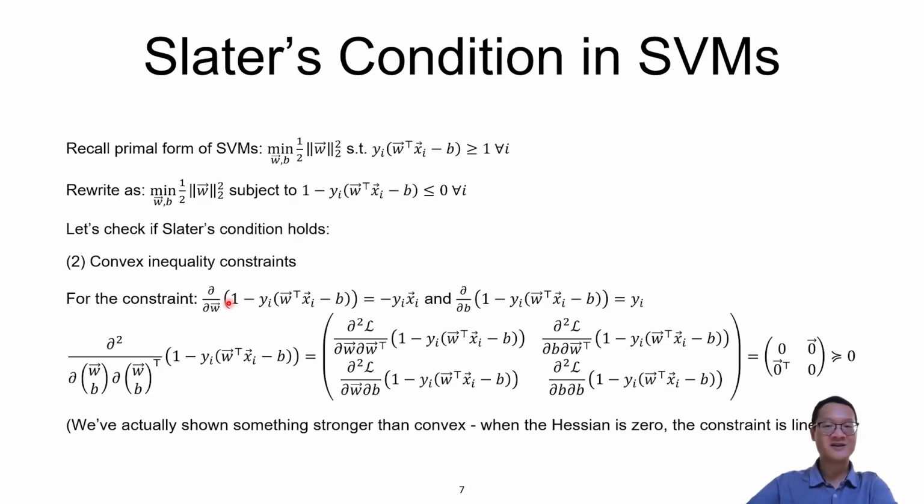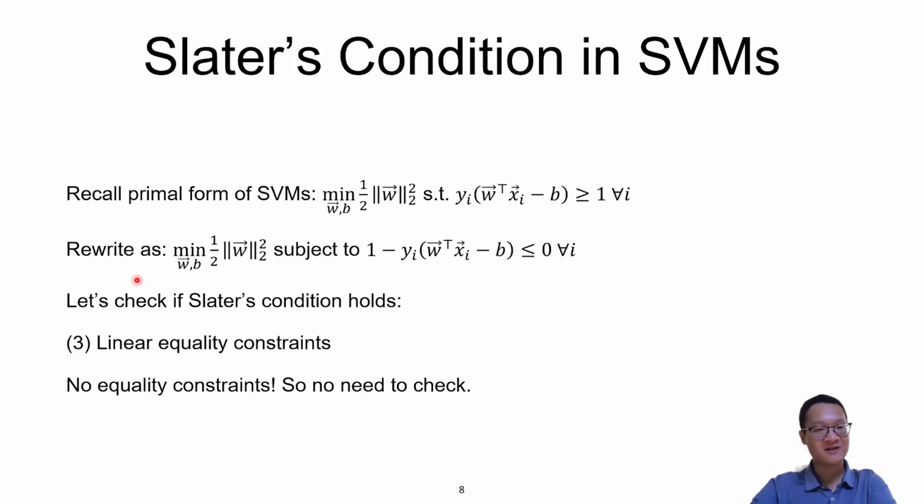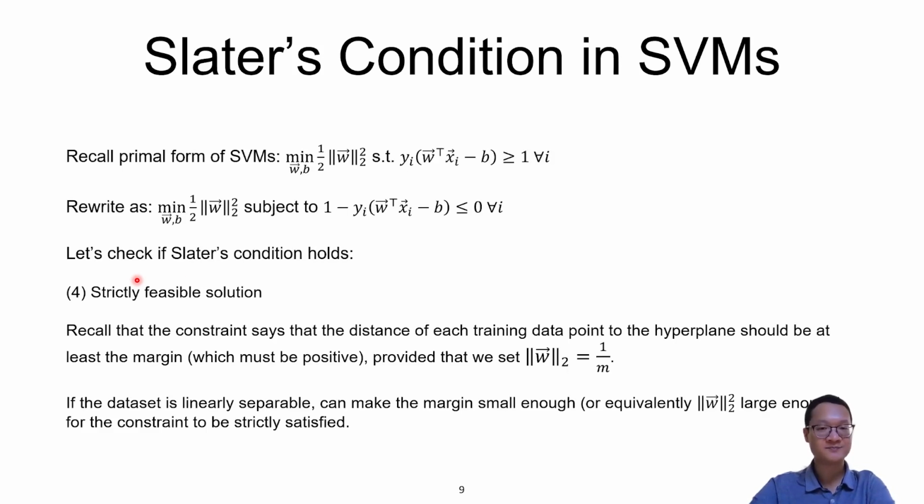So our constraint is linear, and therefore it is also convex. This shows the second of Slater's conditions. Next, we need to show linear equality constraints. There's nothing to show here because the SVM problem does not have any equality constraints.